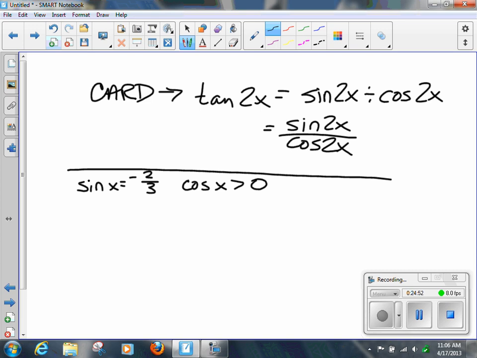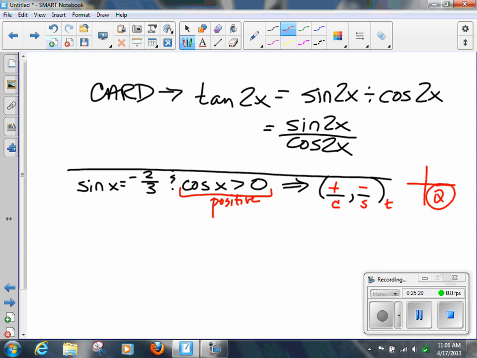You see me do the same thing every time, okay? I come over here and I go, okay, ordered pair. My sine value is negative, right? So I'll put it here because I know that's cosine and sine. My cosine, what's this mean? If cosine is greater than 0, it's positive. So which quadrant is that? Quadrant 4. That's how I determine.